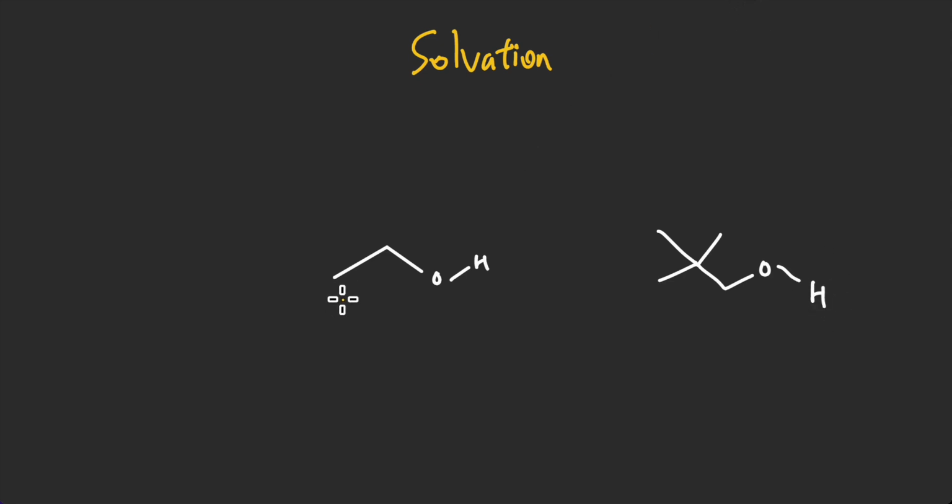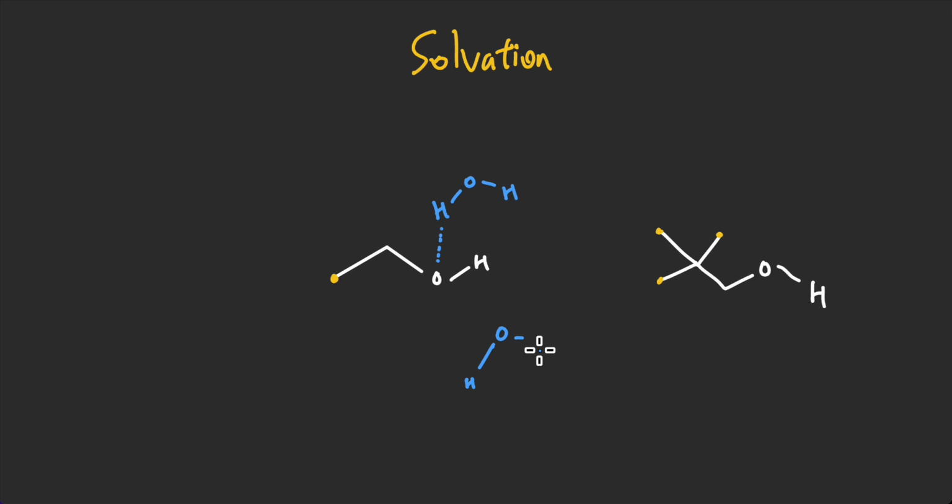If you compare them, this carbon has one carbon group attached to it, however this carbon has 3 carbons attached to it. When they dissolve in water, this oxygen will react with the water molecule, specifically the hydrogen, to form a hydrogen bond, right?